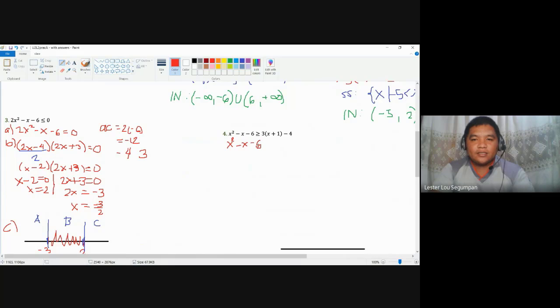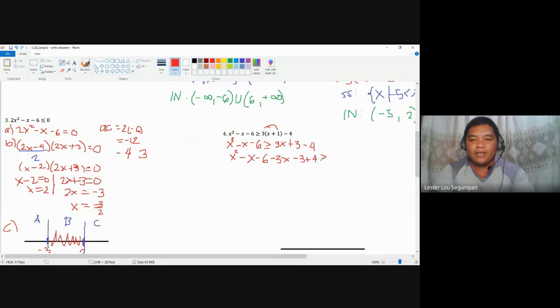X minus 6, then you have here greater than or equal to 3x plus 3 minus 4. So you have x squared minus x minus 6, and you subtract both sides by 3x so that this will be removed. So minus 3x. Subtract both sides by 3 and add both sides by 4.